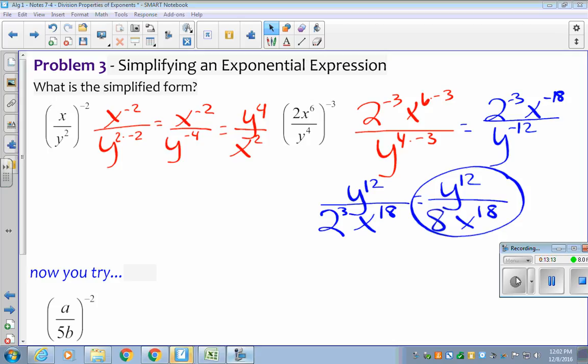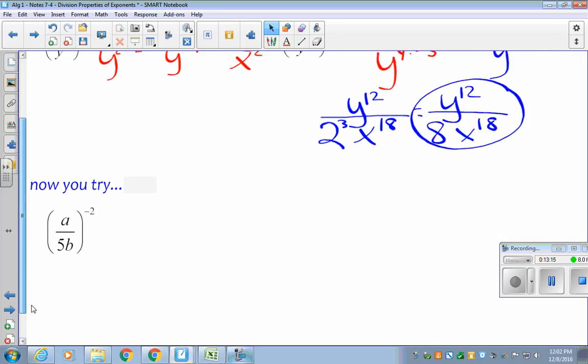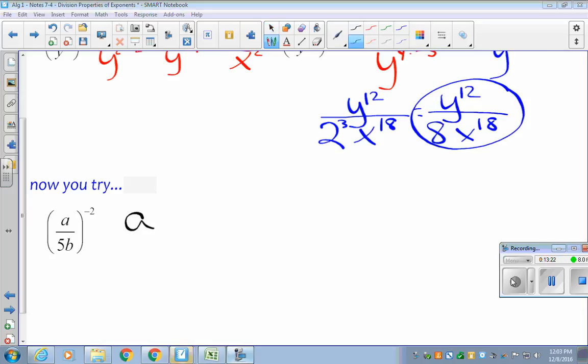All right, you guys take a moment and try that with this problem. All right, so let's give everybody this negative 2 power. We're going to give it to the a, to the 5, and to the b.